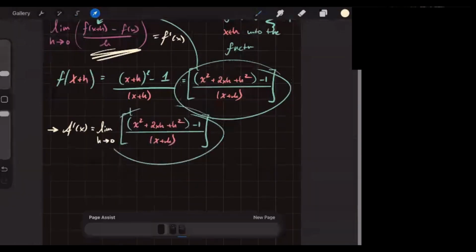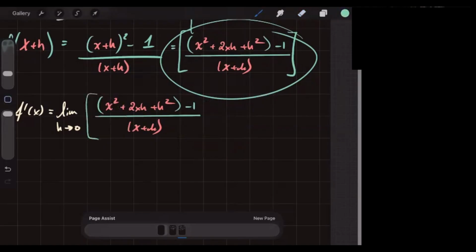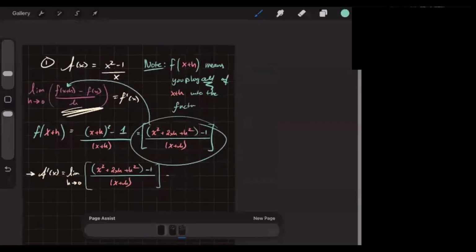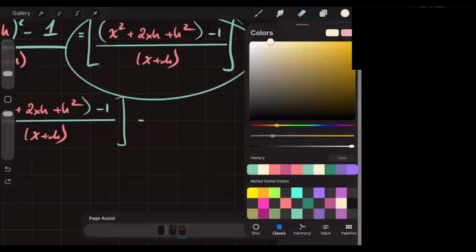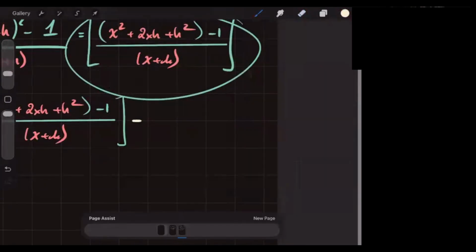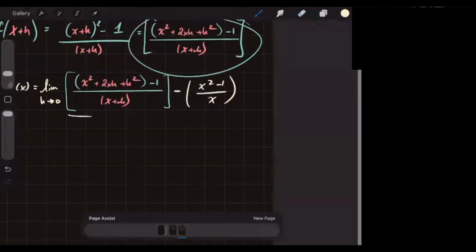Clean it up for you so you're not confused. Take this time to write down your thoughts. Minus what? Oh, minus f of x. Okay, we can do that. We know what f of x is. F of x is x squared minus 1 over x all over h.